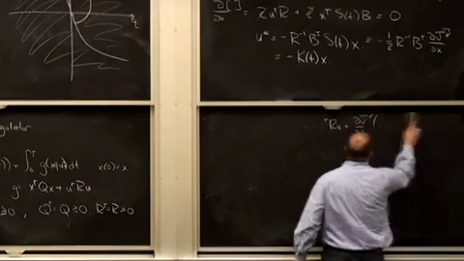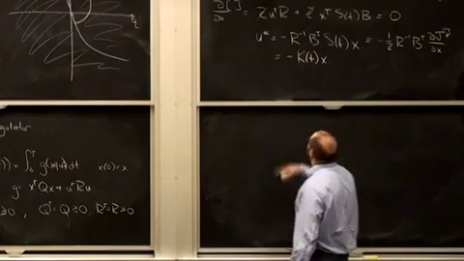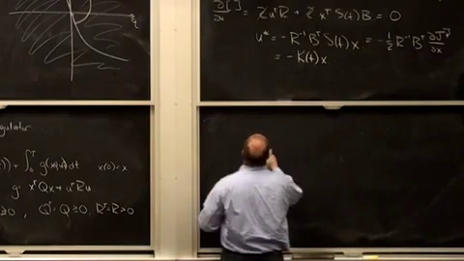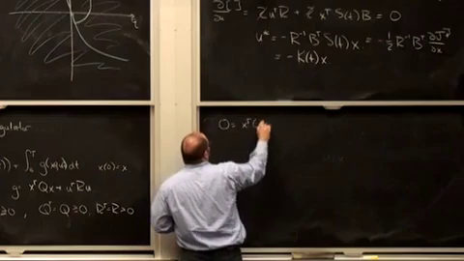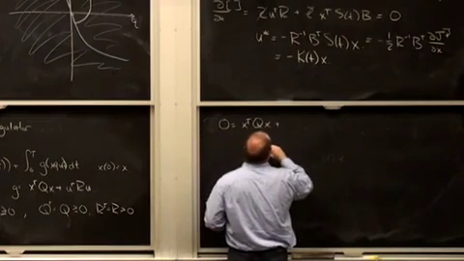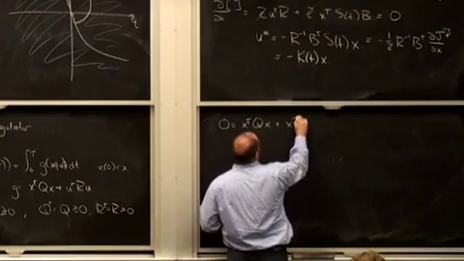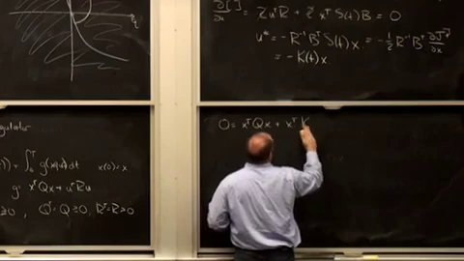So I figured out what the minimizing u is. I can insert that back in. So I get now 0 equals q plus x transpose. I'm going to insert u in, or I'll do the whole thing actually.